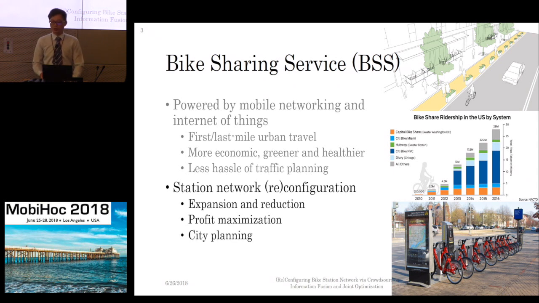Expansion and reduction are within their schedule in order to maximize their service level and operation profits. The government and the city planner are also suggesting various optimizations upon the bike sharing network in order to help plan the city traffic. That's the basic background.